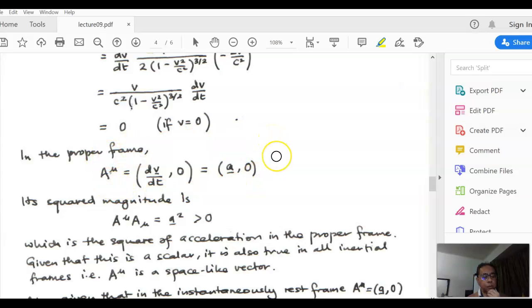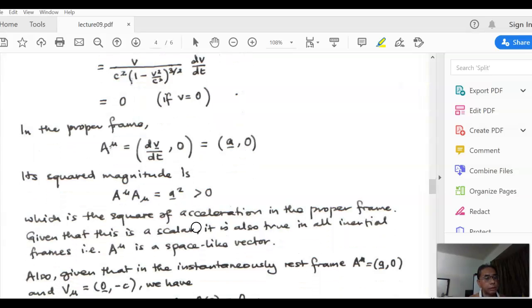But what's true for all frames is the following. If you take the square magnitude, the inner product of the four-vector with itself, this is a scalar, so you can still use the one from the proper frame. You can use a0 dotted with a0, and that gives you a squared, which is positive.